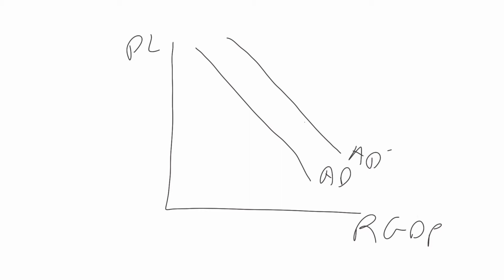So once we understand that any autonomous change in any one of the four components would cause a change in aggregate demand, we now need to look at what causes those autonomous changes. We've already talked about interest rates with respect to consumers. The second thing that might affect consumers is a change in their nominal wealth.